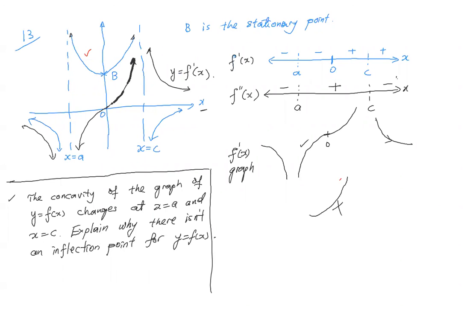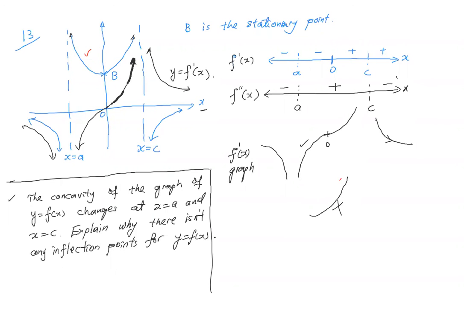Now, can anyone give the answer for this question? The concavity of the graph of y equal to f x changes at x equal to a and x equal to c. Explain why there isn't any inflection point for y equal to f x.